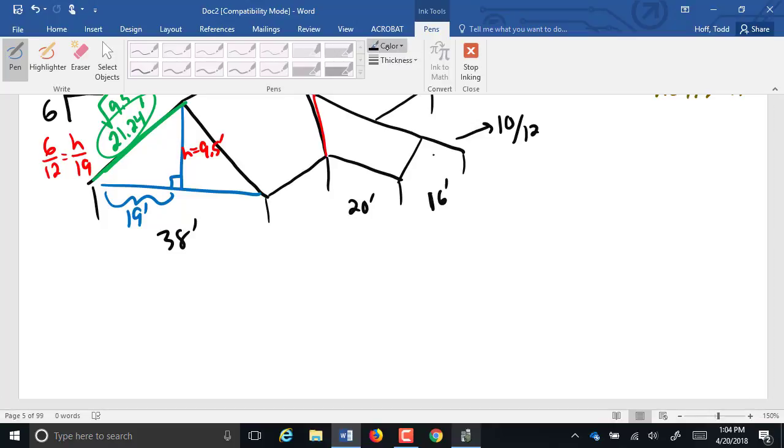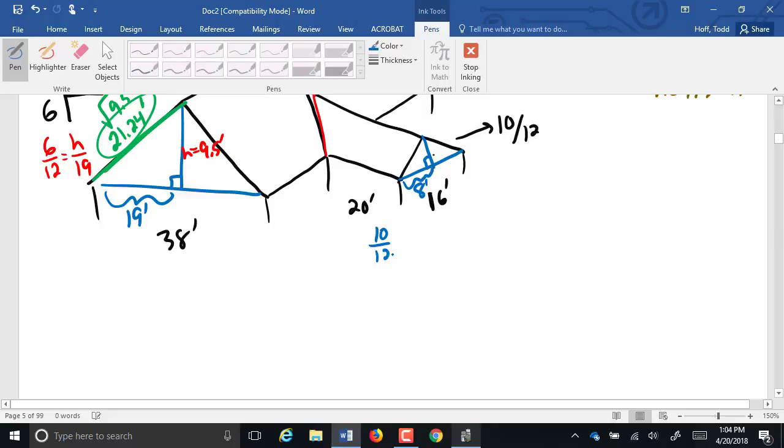Okay, so we're gonna do the same thing with the 16s we did with the 38. Do that, then what? 10 over 12 equals h over 8, which gives us 6.67, look right? Yeah, okay. So that's 6.67 feet tall.